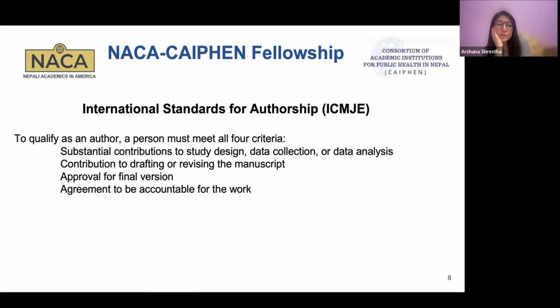When you think about whether you would offer authorship to anybody, think about whether that person qualifies, and think about these four criteria. Substantial contribution to study design, data collection or data analysis; contributing to drafting or revising the manuscript; approval of the final version; and agreement to be accountable for this work. So all of these four criteria have to be met.